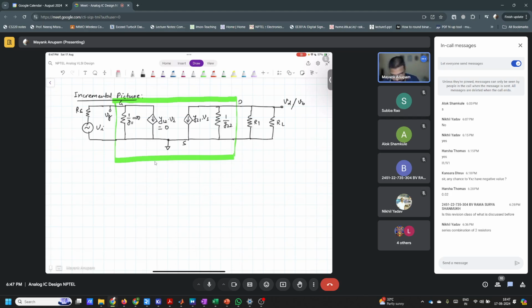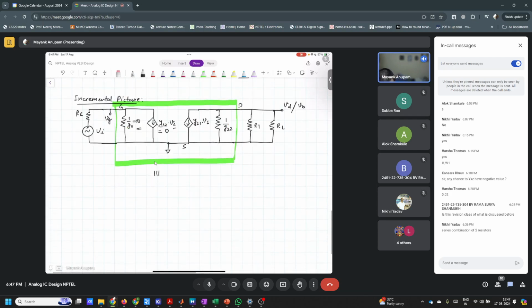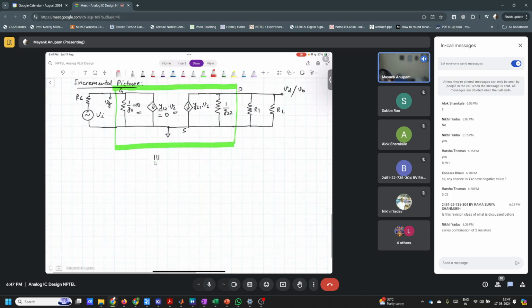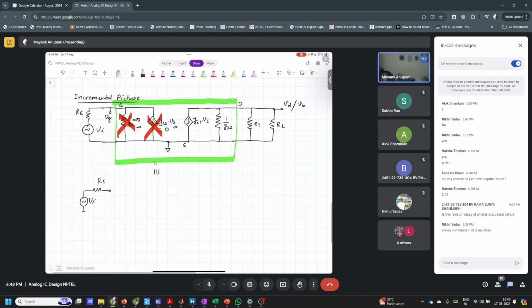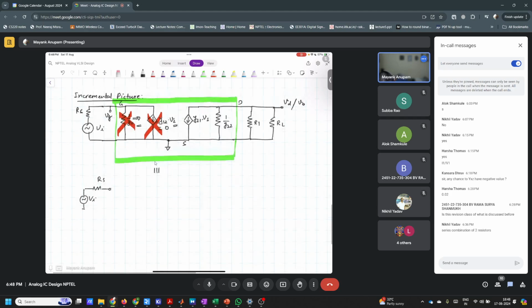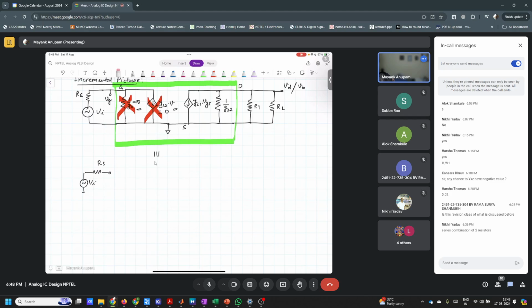Fine. So if you simplify it, since this is infinity, this is zero, we'll just ignore these two. These are anyway not going to be in the picture. So we'll simplify our picture for better understanding. So VI, RS, fine. This is how much?